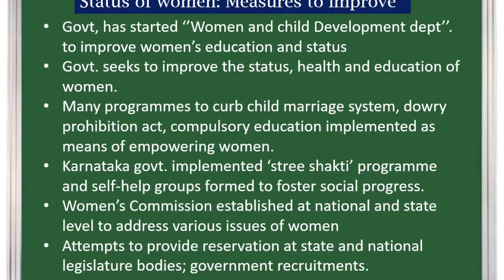We have just now studied that reservation has been given for women, one third in the entire country and 50% in Karnataka, but these reservations are only in local bodies like Gram Panchayat, Taluk Panchayat, municipalities, etc. Now attempts are being made to provide reservation in the state legislature and at the national level also.